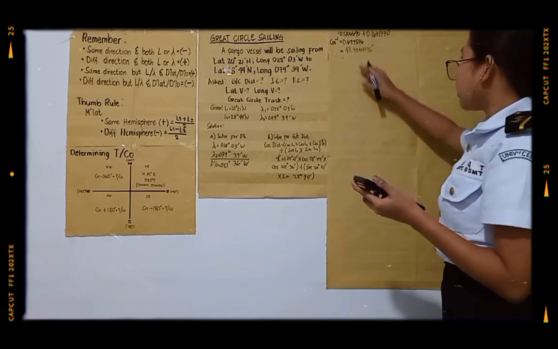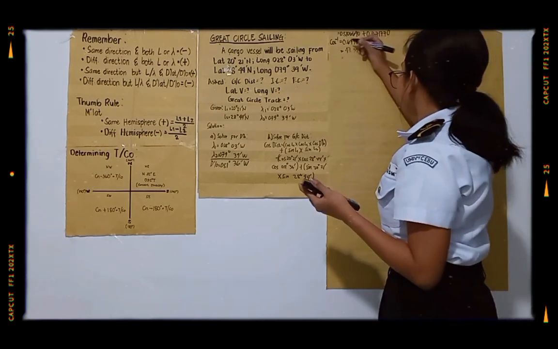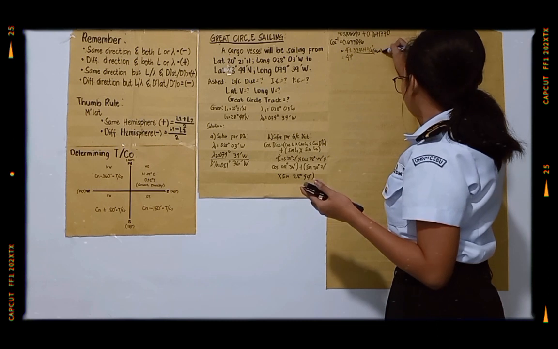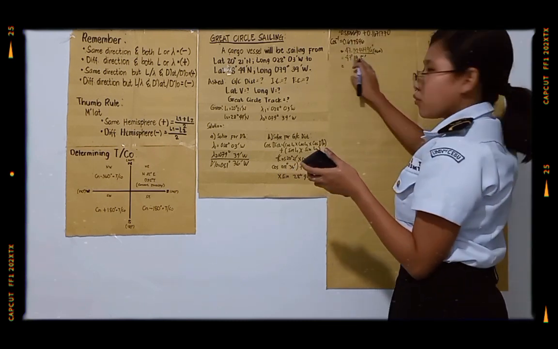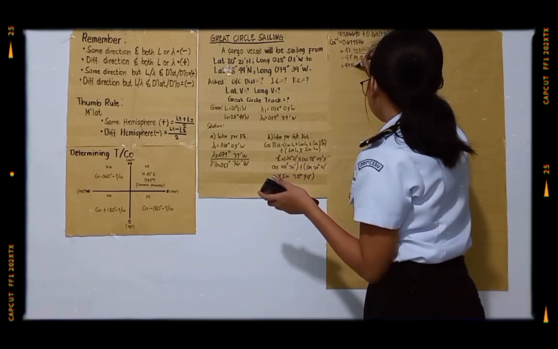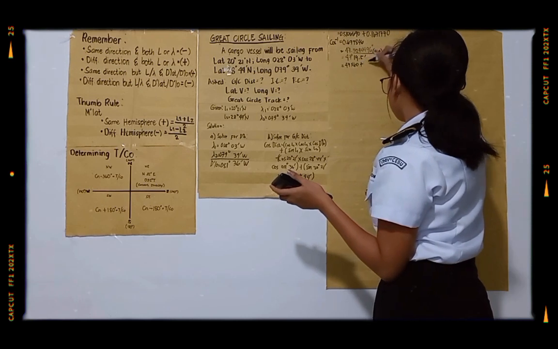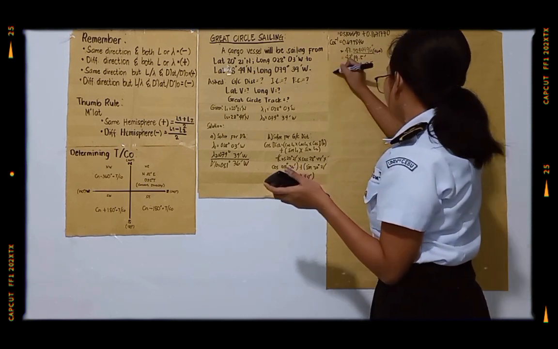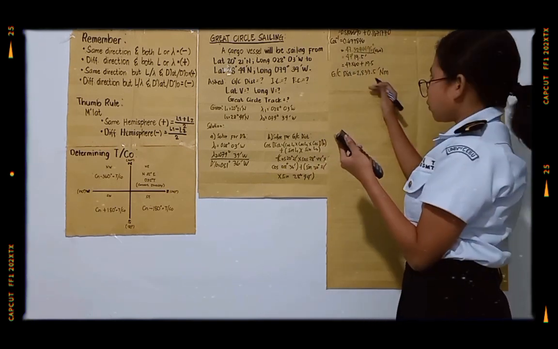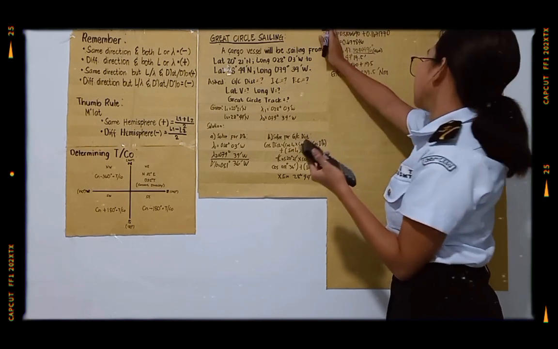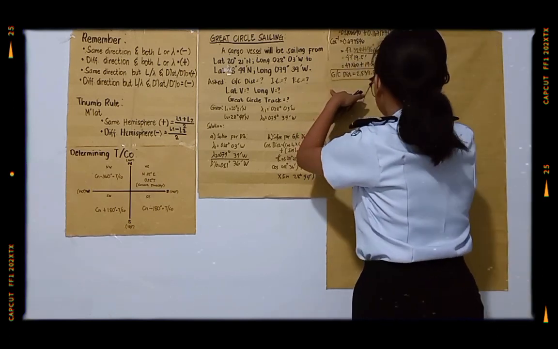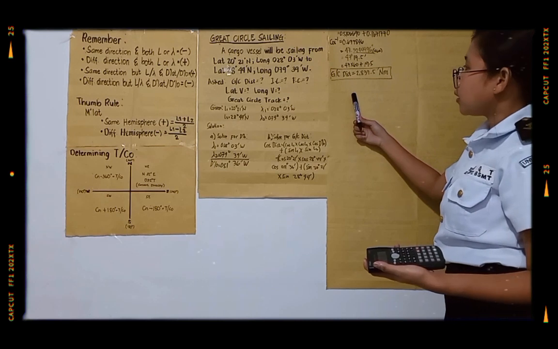So let's convert this into degrees and minutes. So we multiply this one by 60. Then convert this into whole minutes, multiplied by 60. Then add 19.5. So this is our great circle distance, 2,839.5 nautical miles.